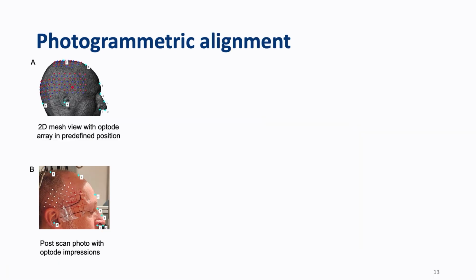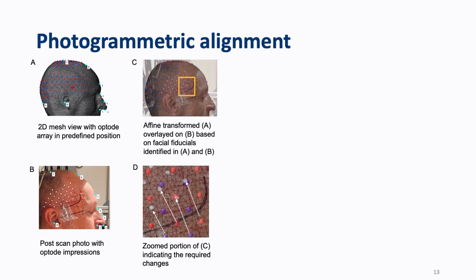Another approach is to use photogrammetric alignment. This step involves looking at photographs that we take during data collection. Conveniently with DOT, there are impressions of the optodes that we can physically see on the participant's scalp that can be used as reference locations for where the optode array was during data collection.